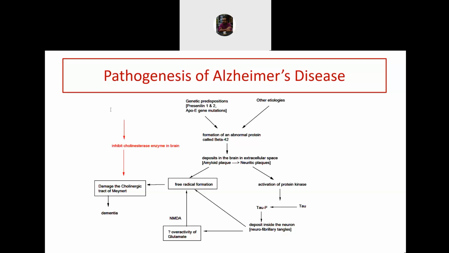The drugs are donepezil and rivastigmine. The second aim is to reduce the excessive activity of the NMDA receptor, and this can be done with the help of a drug known as memantine.